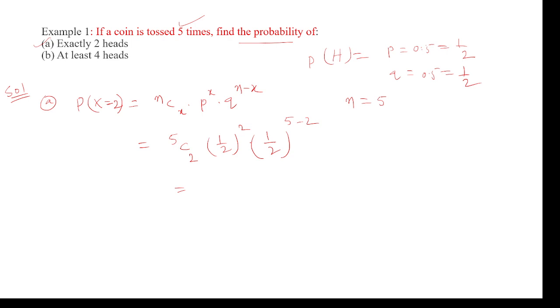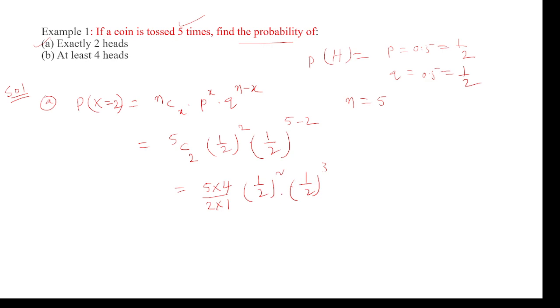So here 5C2 we can write as 5 into 4 by 2 into 1, multiplied with 1 by 2 whole power 2 and 1 by 2 whole power 3. So now 5 into 4 by 2 into 1 is 10, and 1 by 2 power 2 plus 3 is 2 power 5.